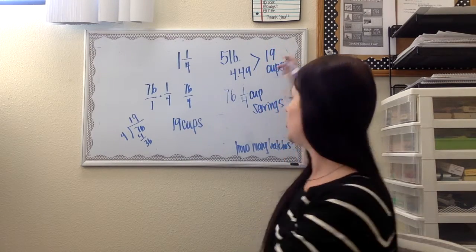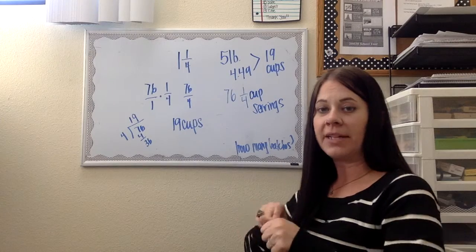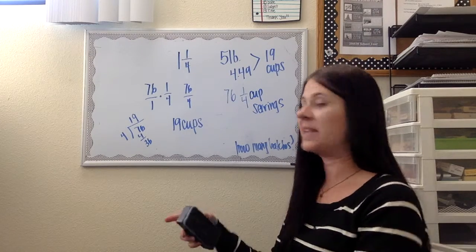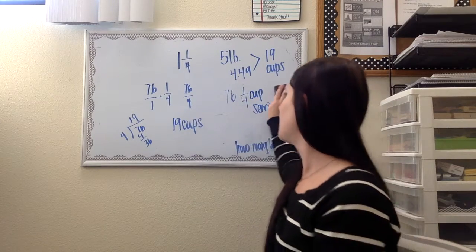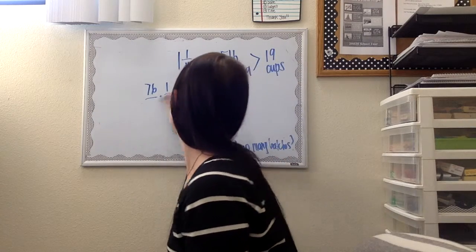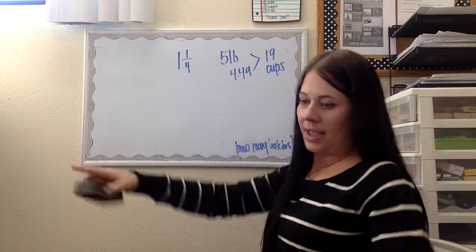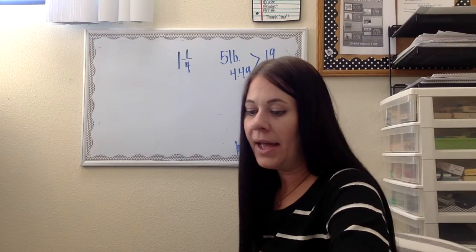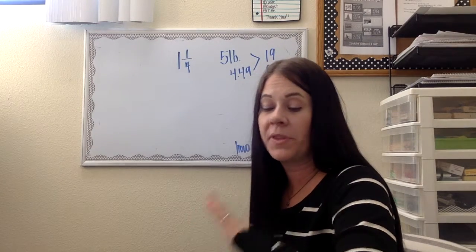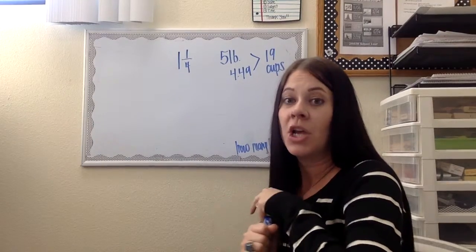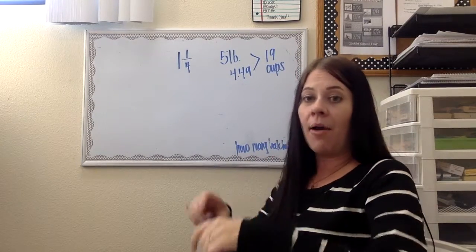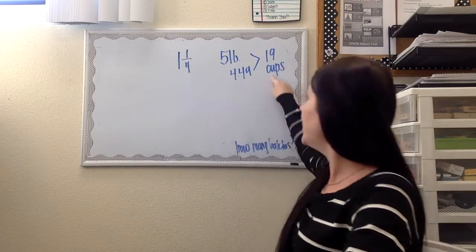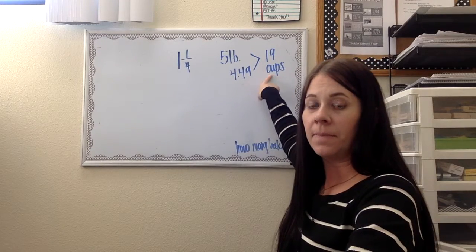Now, I don't expect you to erase your work. I am going to erase mine just to give myself more space. So I've dealt with these two numbers, so I'm going to erase that. And here we go. Now, I need to use 1 1/4 cups to make each batch. So I want to know how many 1 1/4 cups go into 19 cups.